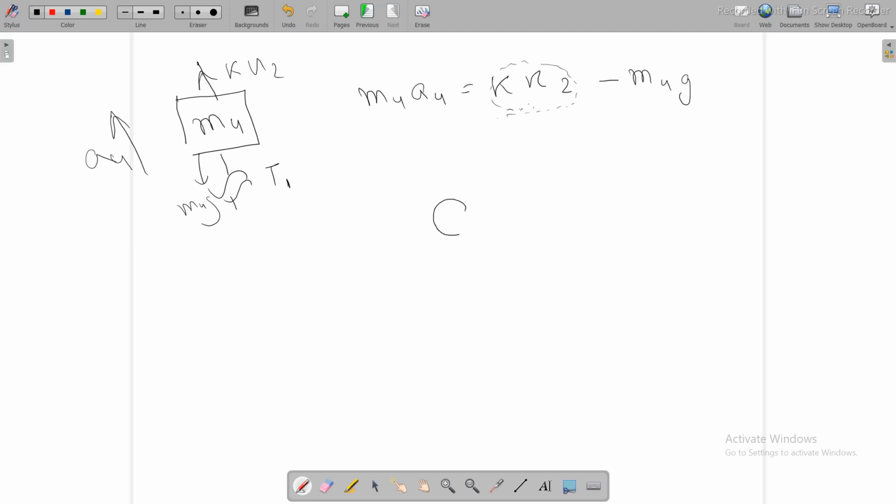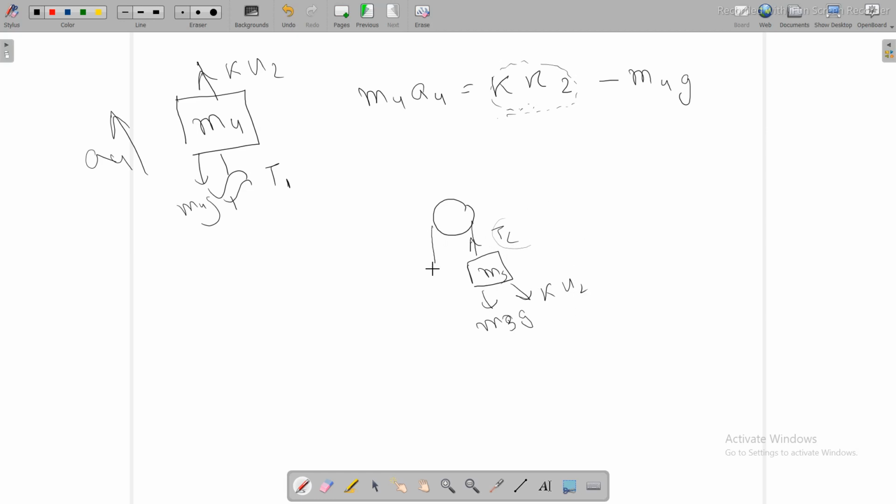We just have to look at equation number 3, in which t2 is equal to m3g plus kx2. So if we have the value of t2, then we can calculate the value of kx2.